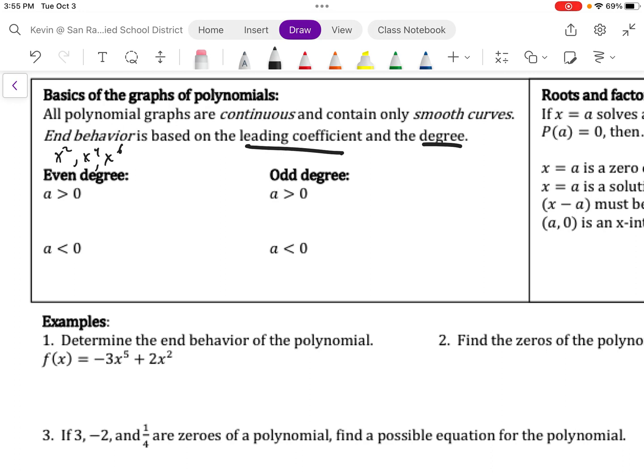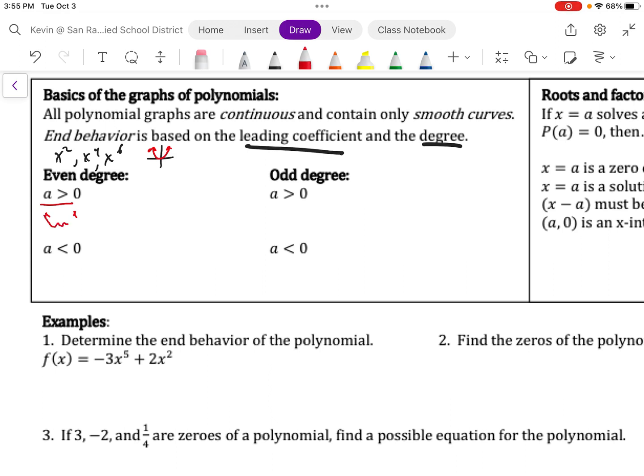They're all going to do the same thing, the same as what we just said with a quadratic, x squared, opening up. If a is positive, then it is opening up. If it is a second degree quadratic, then it's our typical parabola. But if it's to the fourth power, the end behavior is still the same.